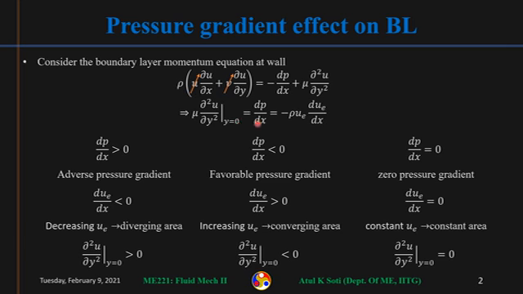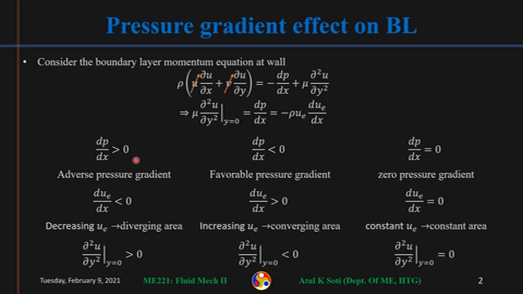That will depend on the sign of pressure gradient dp by dx. This is the pressure gradient along the boundary layer, or along the flow I should say, not along the movement.